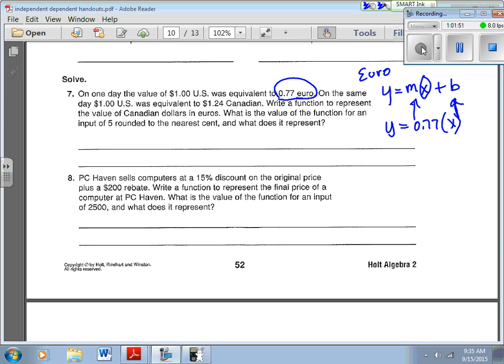And for the Canadian, what would that one be? y equals, what's the rate of change? 1.24 times x plus 0, because there are no other values. So go ahead and try to find the value of the function when the input is 5, rounded to the nearest cent, for each one.